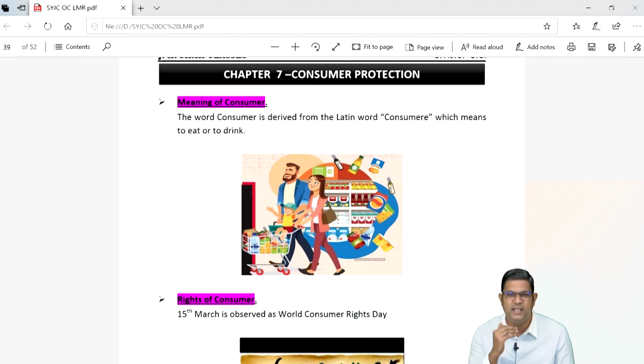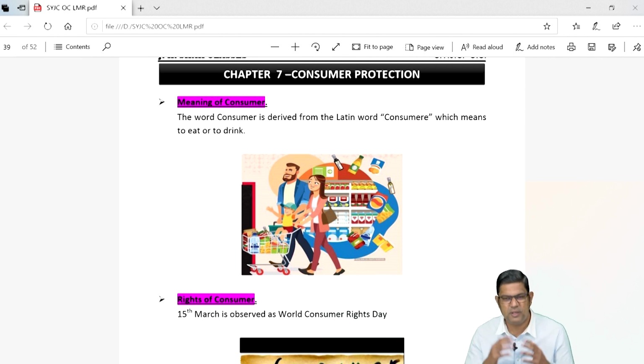So the government has come up with certain rules and regulations, or they have come up with a law which will protect the consumers against such type of business malpractices. And these rules and regulations, these laws, this attitude of the government for protecting the consumer is called consumer protection.